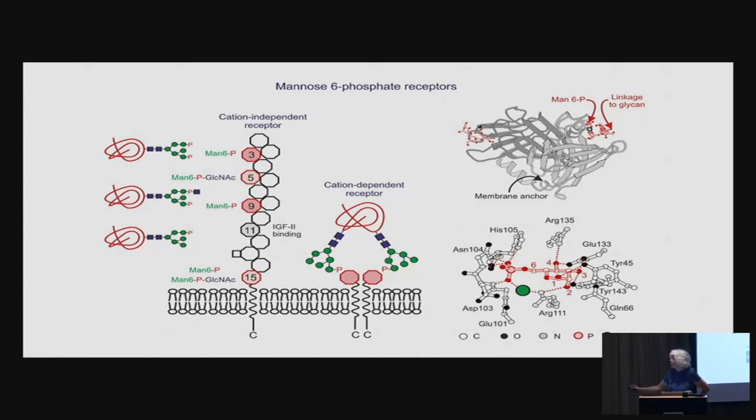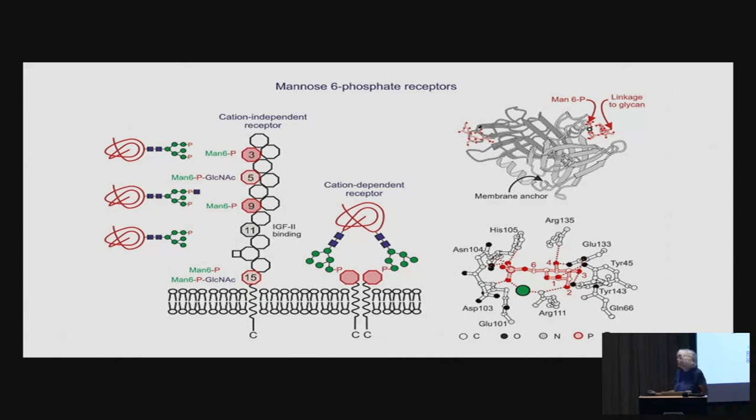The larger receptor has 15 domains in the extracellular region. So these all look like P-type carbohydrate recognition domains, but not all of them actually bind sugar. So 3 and 9 are the main two which can bind mannose 6-phosphate.